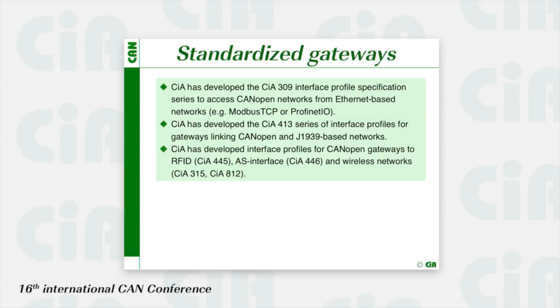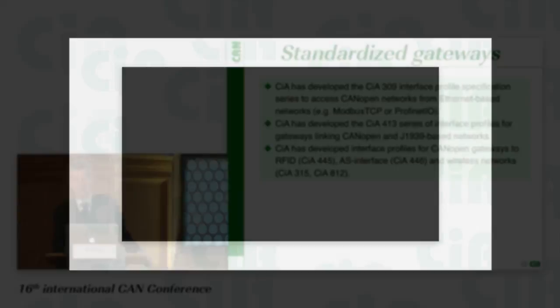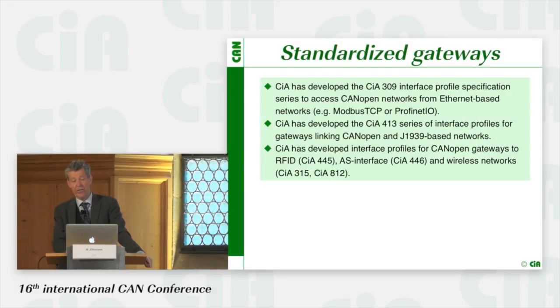Also, we need some standardized gateways. We have developed this already, and we inherited some documents from others, where we have to further develop these profiles for interfacing between Ethernet and CANopen. We have developed some others for J1939 to CANopen, and so on.